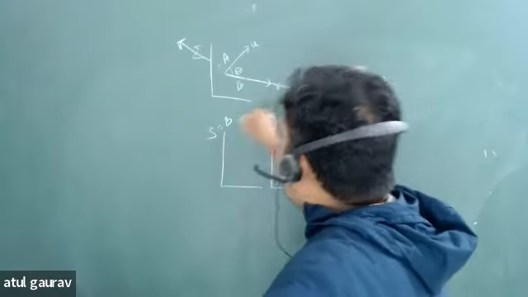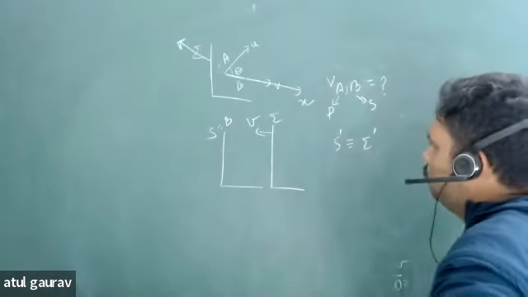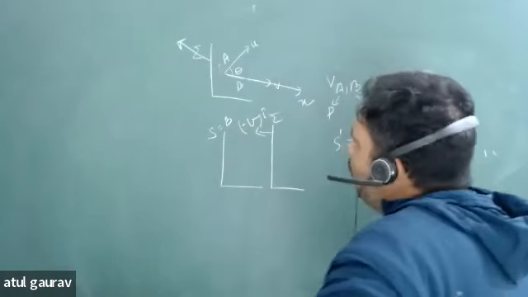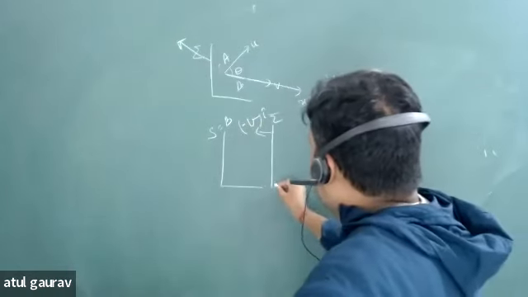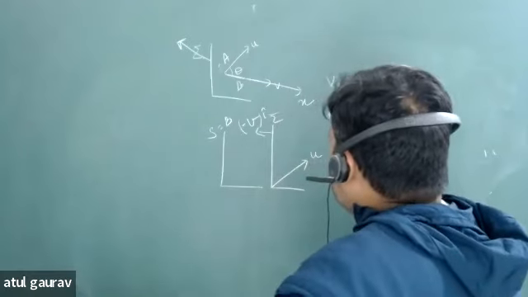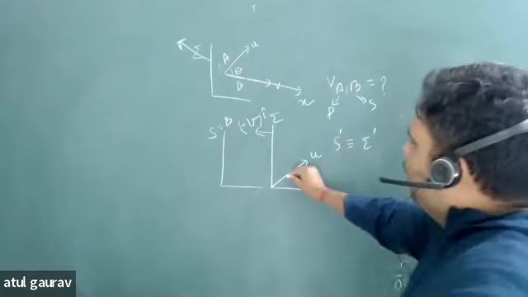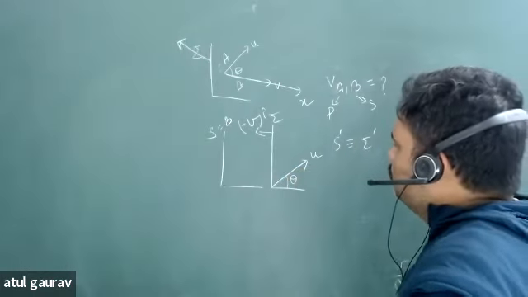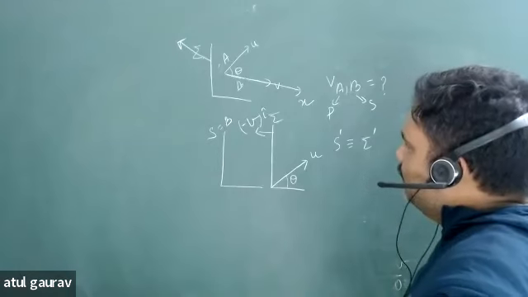With what magnitude? V magnitude. So you can just put minus v in I cap direction. And your A is moving something like this, u. Are you getting my point? And this angle is basically theta.